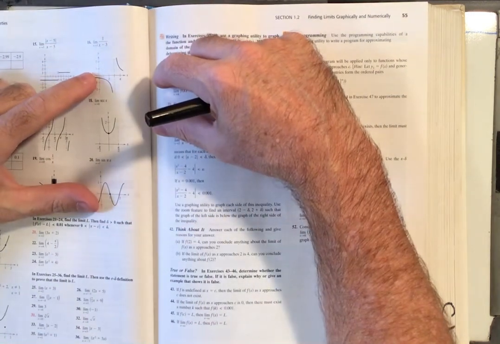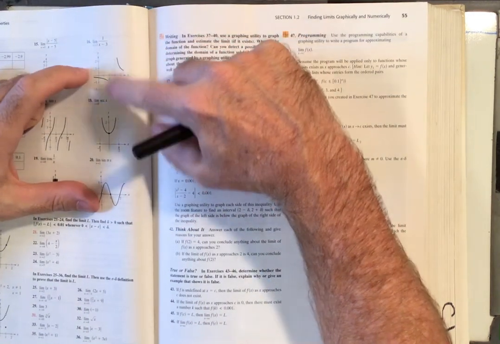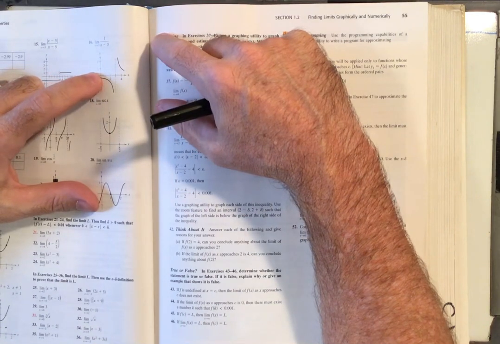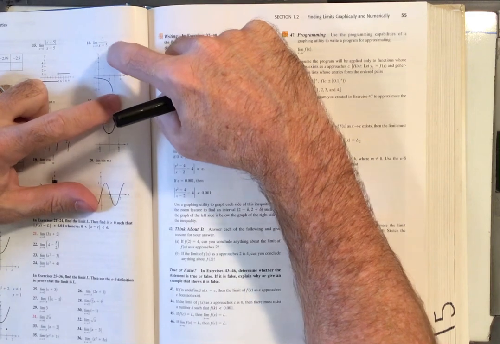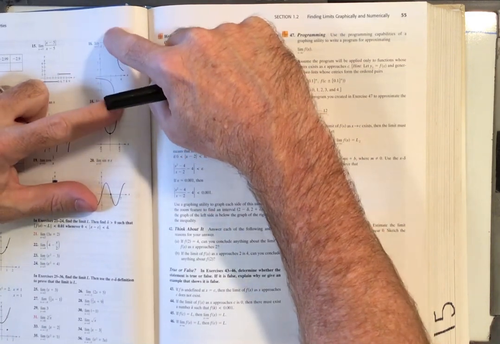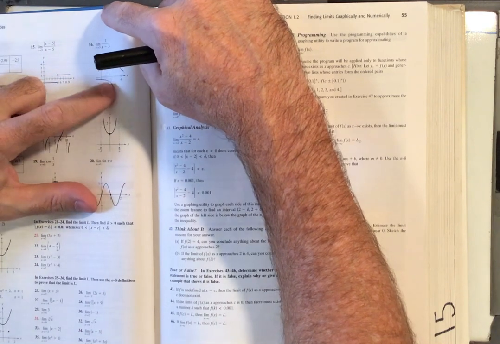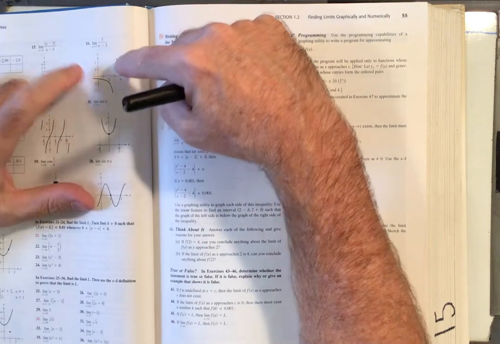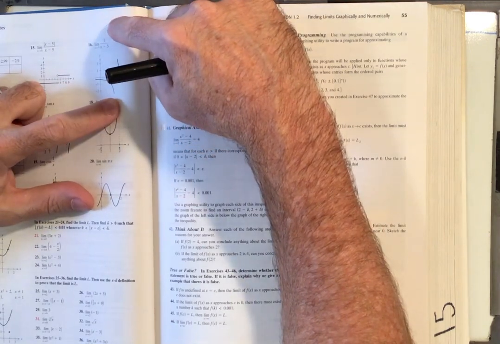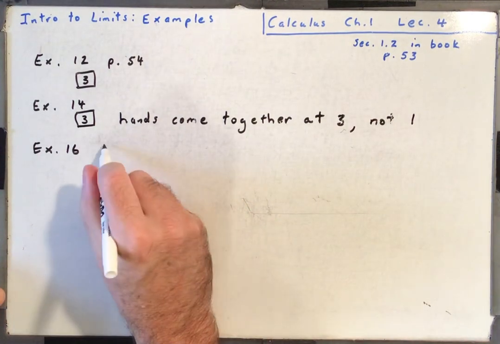So as we're coming from the left, I've got this vertical asymptote at x equals 3. I'm just going down forever. As I'm coming from the right, do my hands ever touch? No, my right hand is going north. My left hand is going south. That vertical asymptote causes my hands to never touch, okay? So the limit, your hands don't come together.